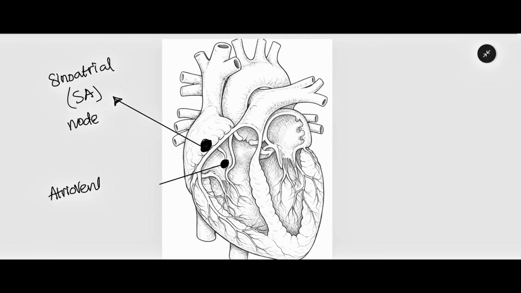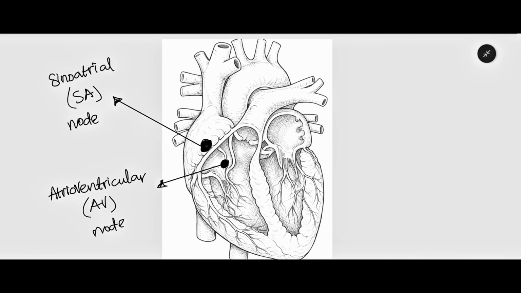So the AV node receives the impulse from the atria, from the SA node. When that node produces the impulse, it moves into the atrioventricular node, but then it delays the impulse just briefly so that the ventricles can fully fill before they contract, before it then releases that impulse which causes them to contract. So that's the AV node.